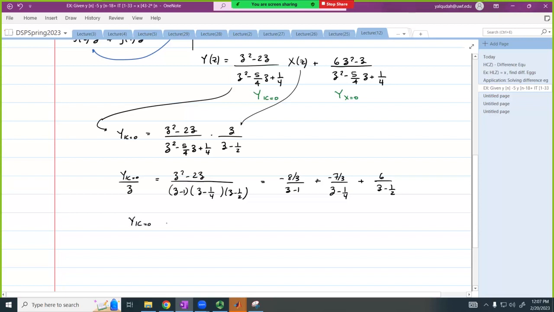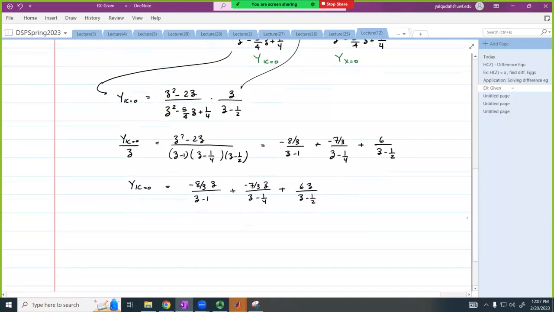So the initial condition 0 response is going to be negative 8 over 3 multiplied by z over z minus 1 plus negative 7 over 3 z over z minus 1/4 plus 6z divided by z minus 1/2. What do we do next? We can take the inverse. What is the first term equal to?